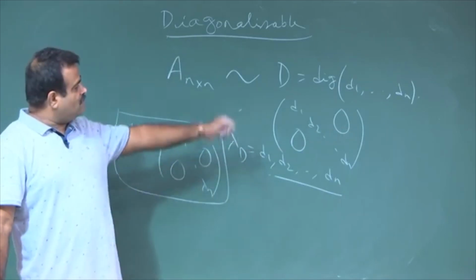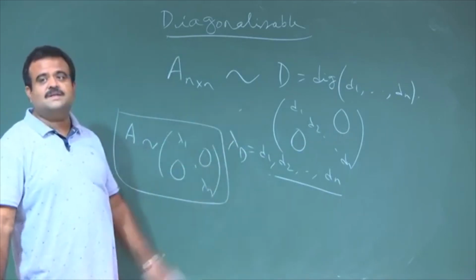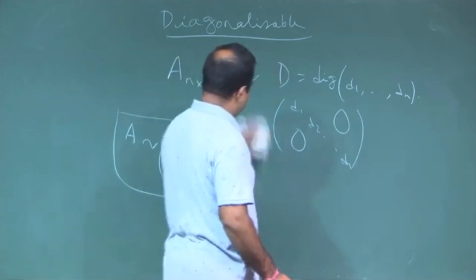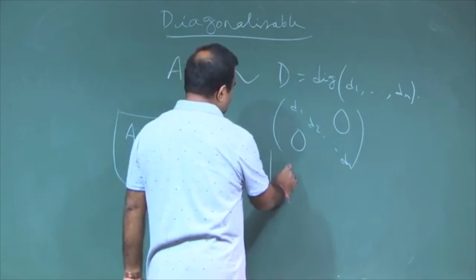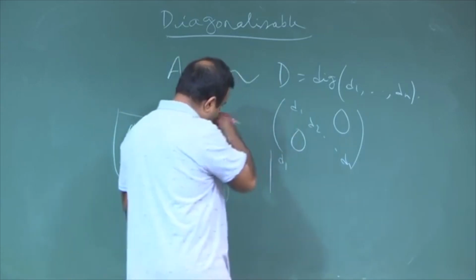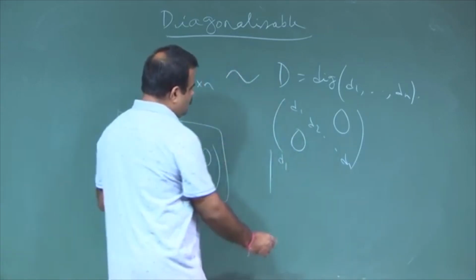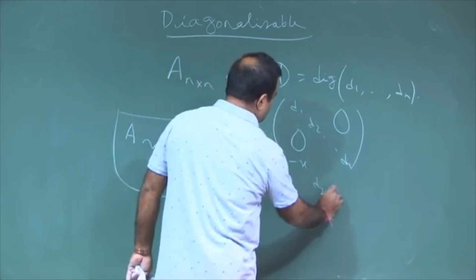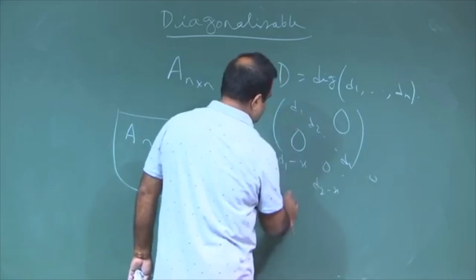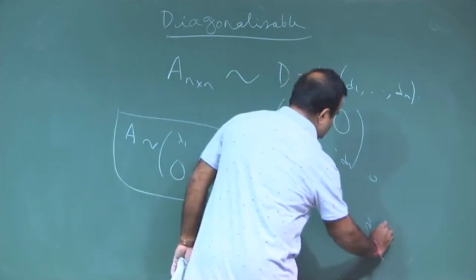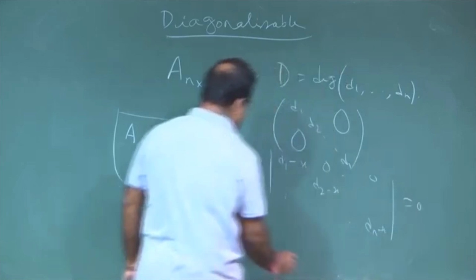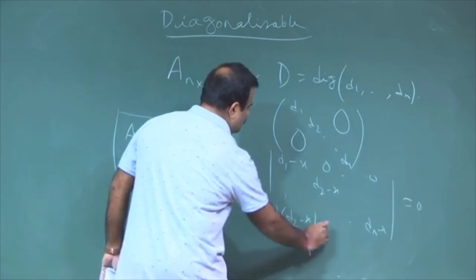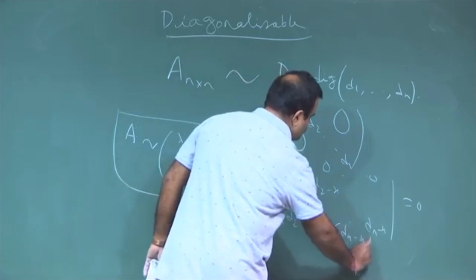We know for a diagonal matrix the eigenvalues are basically the diagonal elements. What is the characteristic equation? It is the determinant of D1 minus x, D2 minus x, all other entries zero, up to Dn minus x, equal to 0. This gives D1 minus x, D2 minus x, Dn minus x equal to 0.